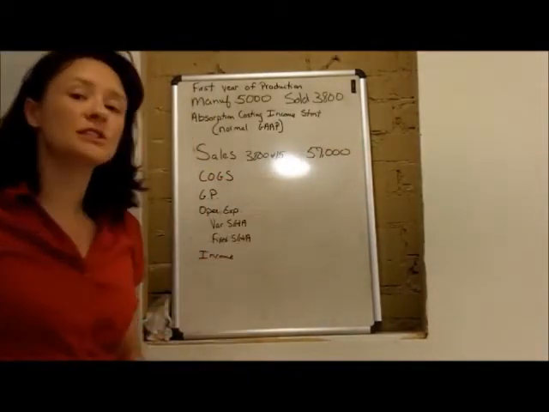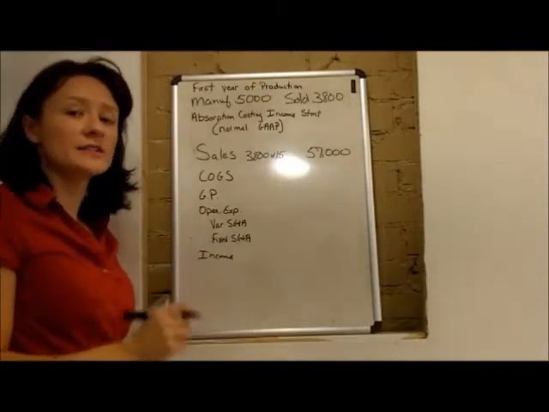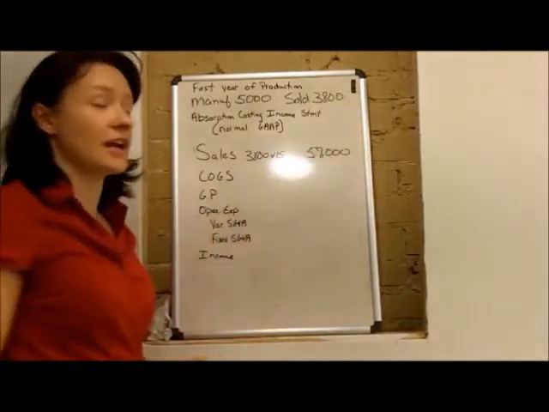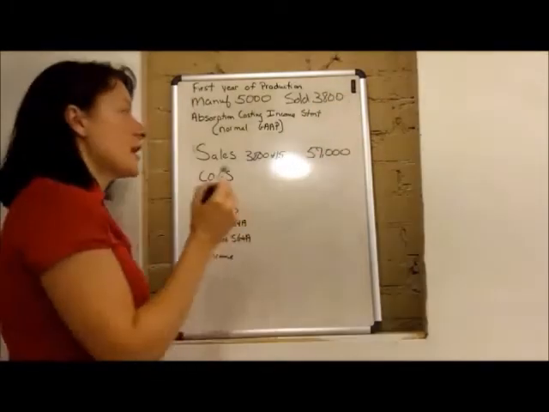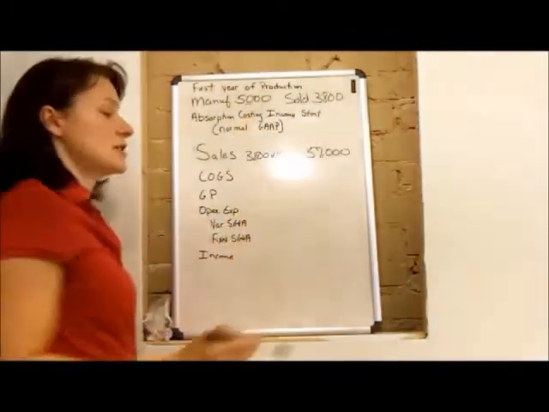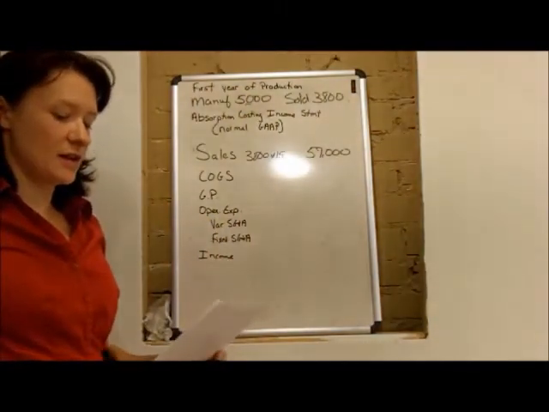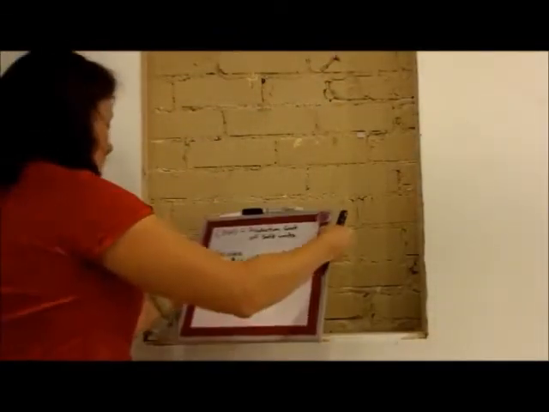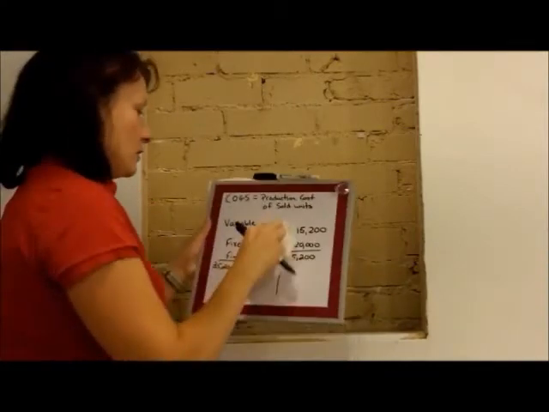And remember, cost of goods sold is simply the cost of the goods sold. So we're only looking at the cost of these 3,800 units. The entire production cost is related to these 5,000 units. So what happens then? How do we calculate cost of goods sold?